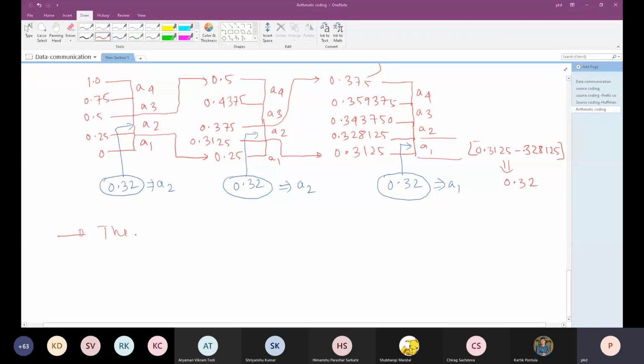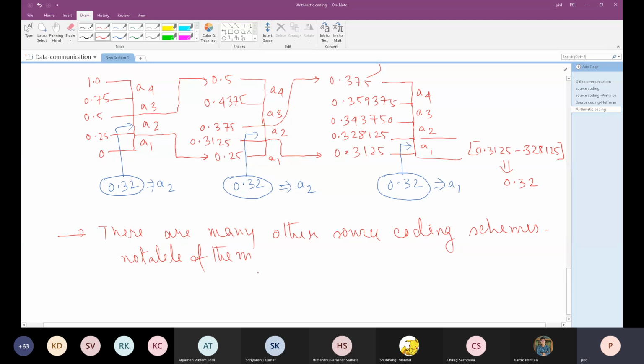There are many other source coding schemes based on probability distribution.